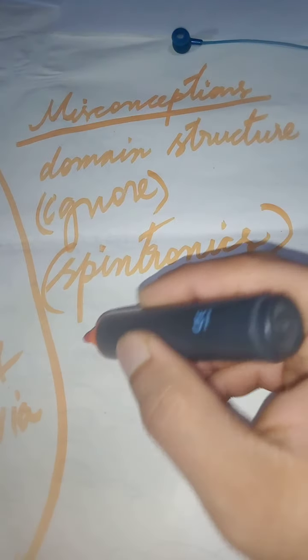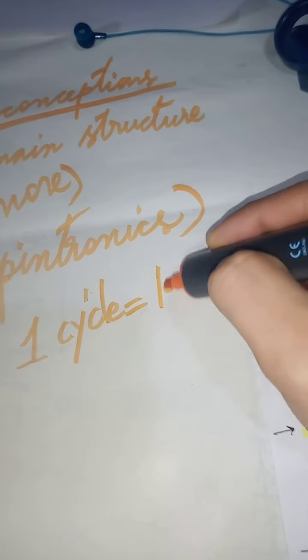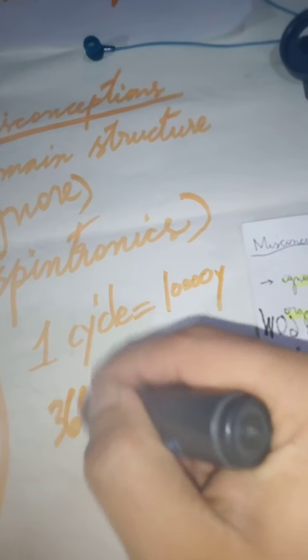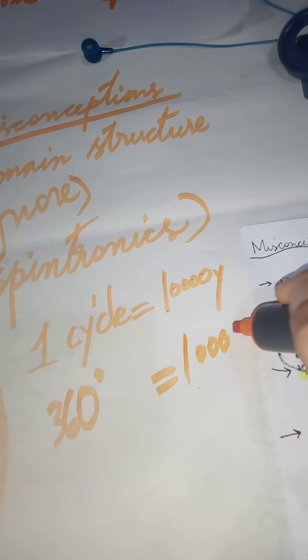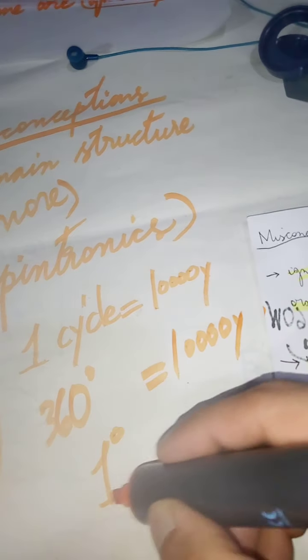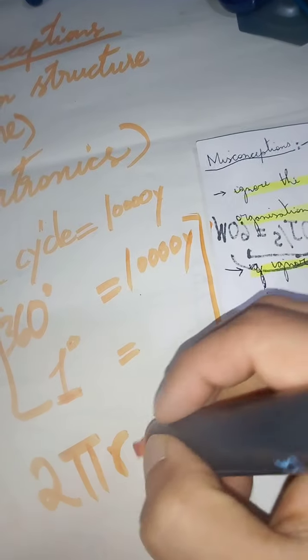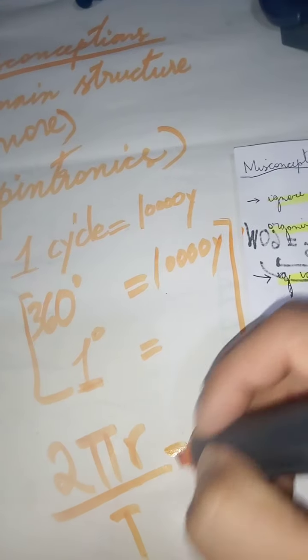So if there's one cycle every 10,000 years and there's 360 degrees every 10,000 years, how much time would 1 degree shift take? So I then do that calculation, remind them about 2 pi r over t, and that'll be the angular velocity.